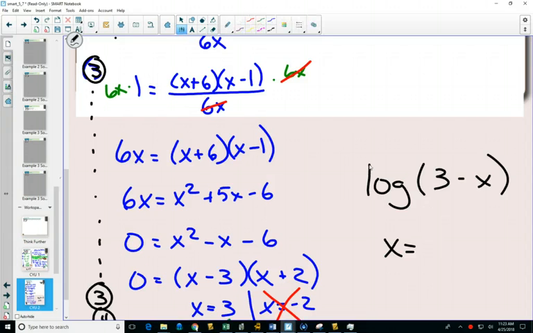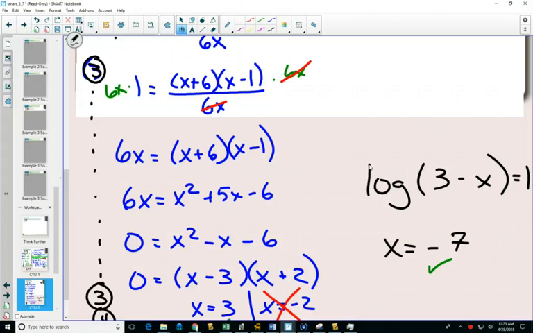What about if I put in a negative number? Good. Because 3 minus a negative 7 would be 10. That would be good. In fact, this is the answer to this equation, if you wanted to solve it. The answer is negative 7. And that's the only answer. And it's good.